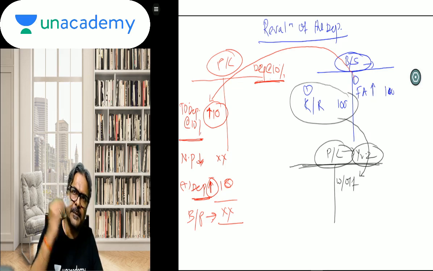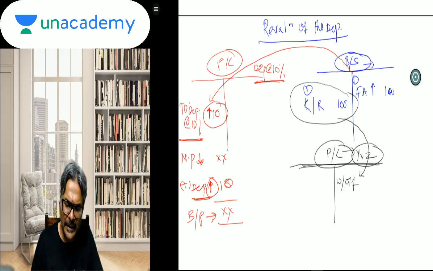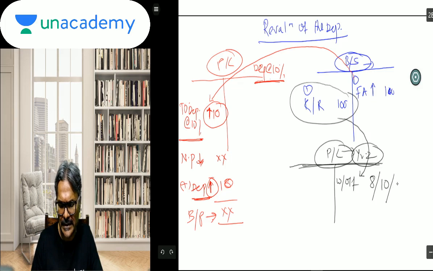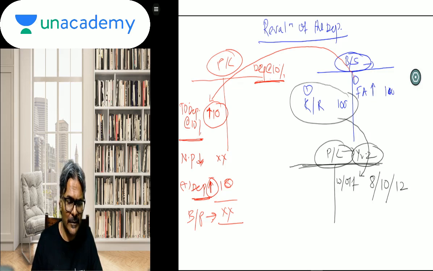They can take 50% of that or whatever it be. So supposing their write off is in 3 independent cases, students, 8, 10 and 12. Now this is coming in your profit and loss account credit side. In the first case, the amount of write-off is 8. Second case, it is 10. And the third case, it is 12.